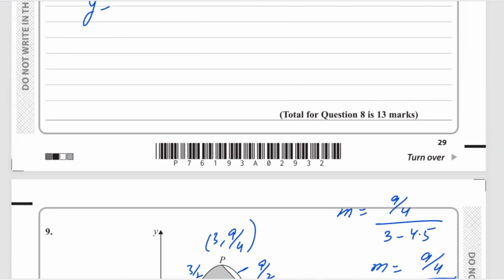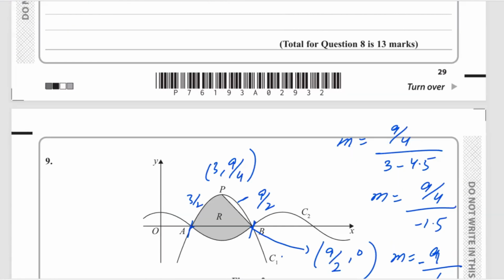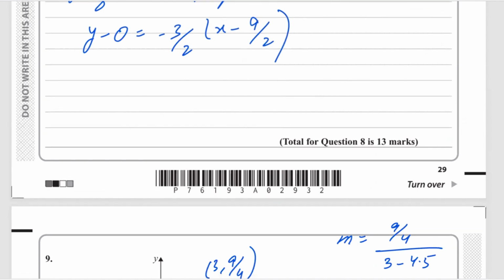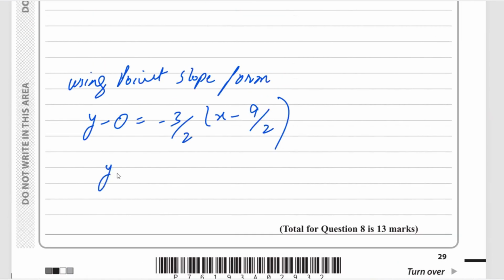You can see that you've got this equation over here, y minus y1, which has to be 0, equals the gradient of that equation, which was negative 3 by 2, times x minus x1. X was 9 by 2, right? So I'm just going to write this equation down. So y would be equal to negative 3 by 2 x plus 3 times 9 is 27, 27 upon 4. So it would be 27 upon 4.